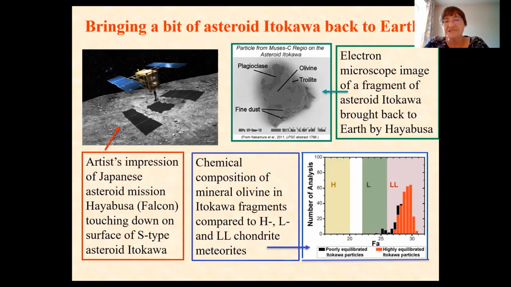And you can see from the histogram that almost all of the particles that they've analysed fall in a field called LL. There's also a field called L and a field called H, and these are the ordinary chondrite fields. So now we know that Itokawa asteroid is the same as LL ordinary chondrite meteorites.